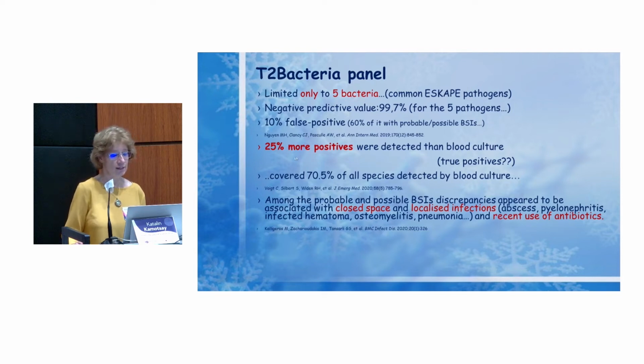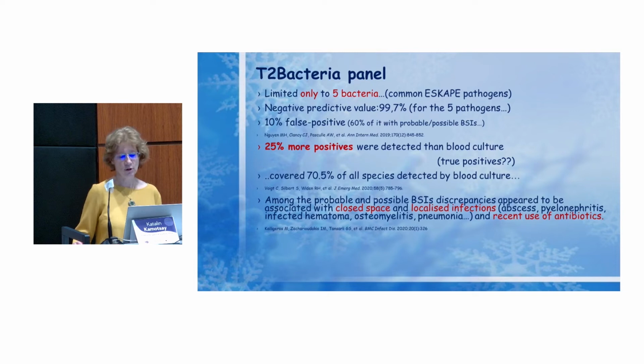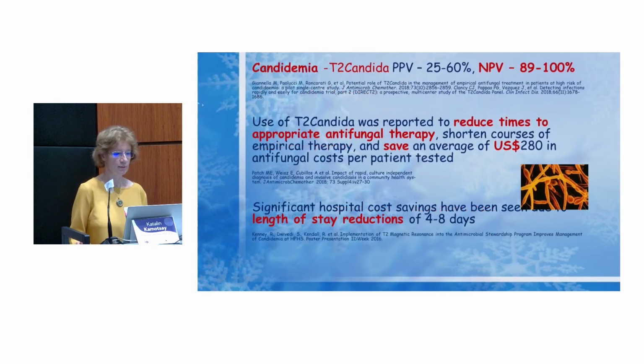Altogether, in one study, it covered 7.5% of all species detected by blood culture. Mainly the problem with the non-positivity of blood culture was that the bacteria was in a closed space, or there was a localized infection like abscess, pyelonephritis, or some other possibilities.